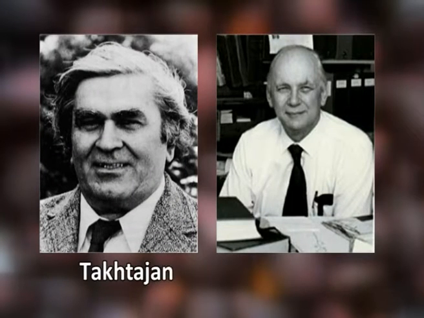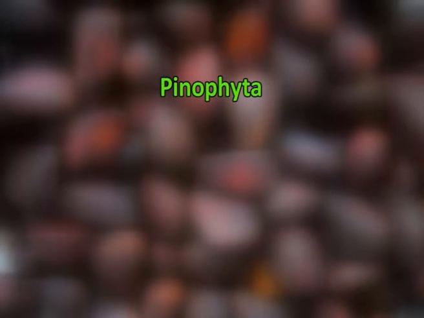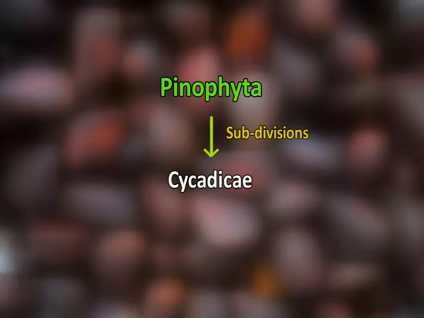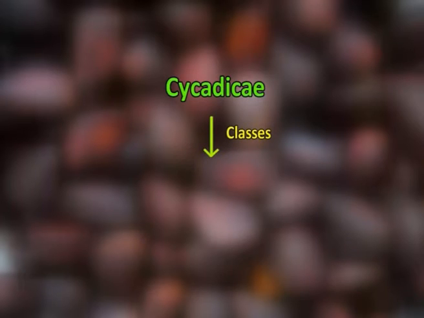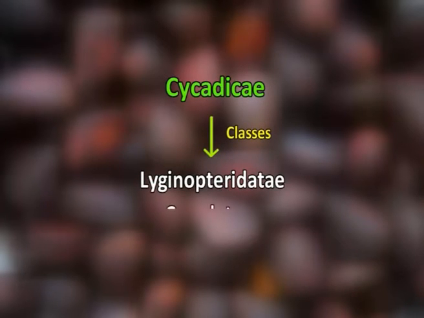Takhtajan, Cronquist, and Zimmermann in 1966 proposed a different classification in which they included the Gymnosperms into a separate division called Pinophyta. This was further divided into 3 subdivisions: 1. Cycadici, 2. Pinici, and 3. Gnetici. Cycadici was further divided into 3 classes, namely 1. Lyginopteridata, 2.